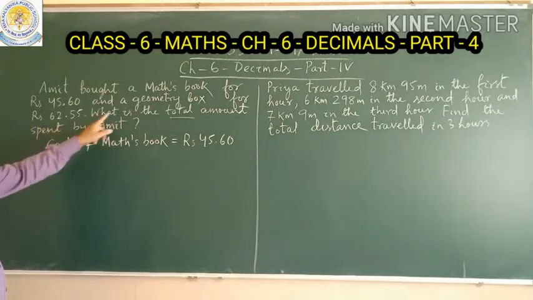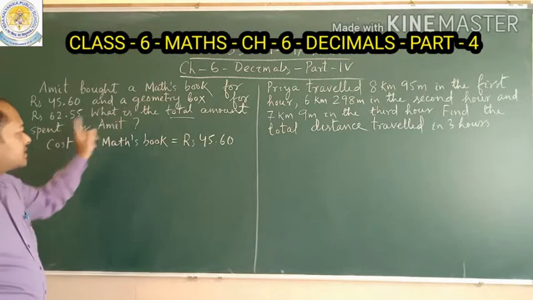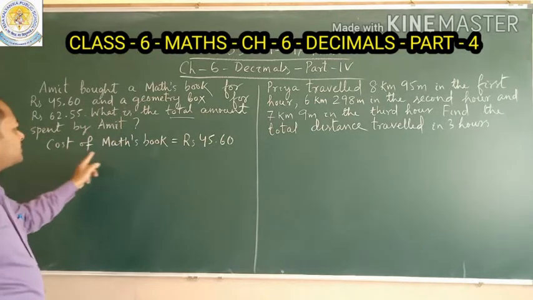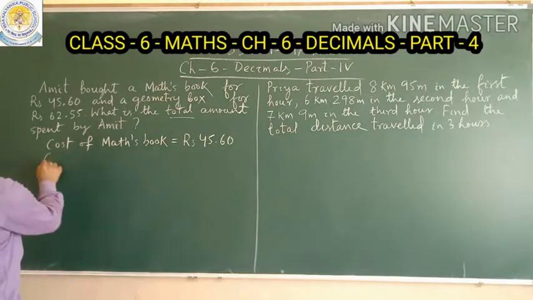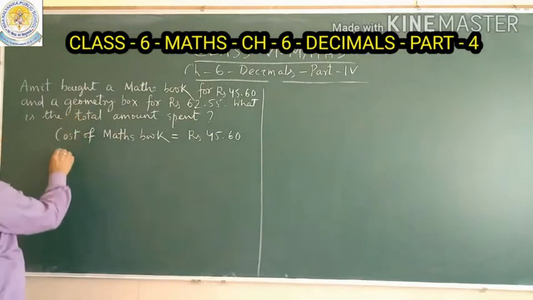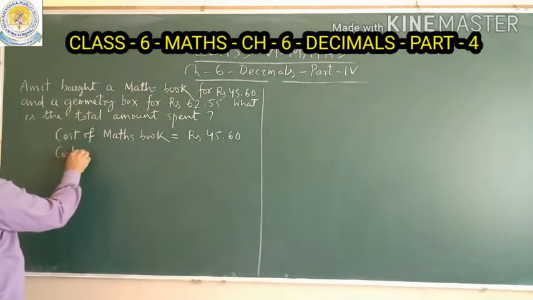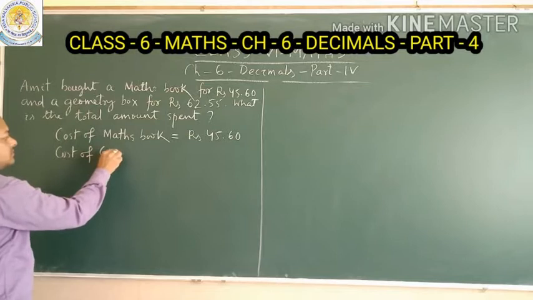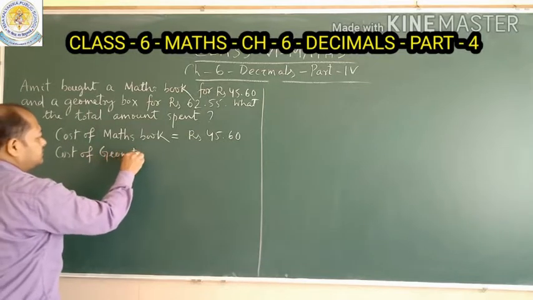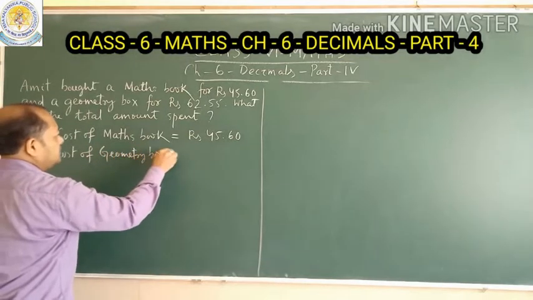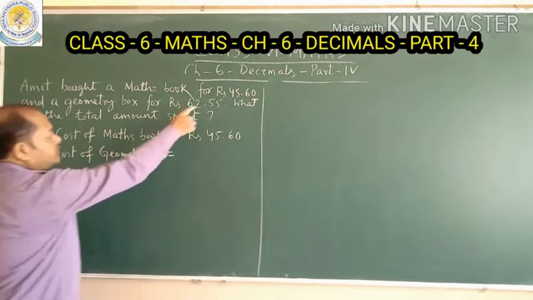The second item is the geometry box. So write down the cost of the geometry box: 62 rupees 55 paise.